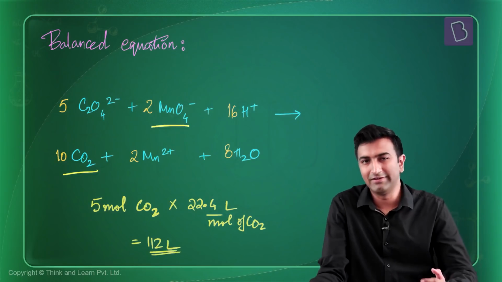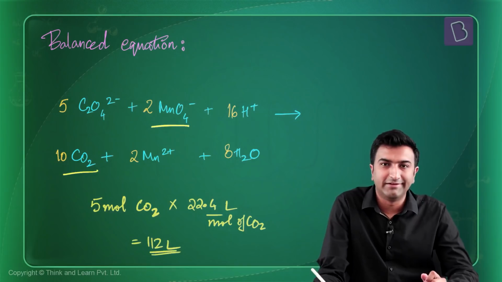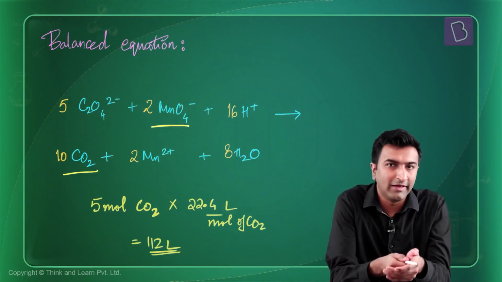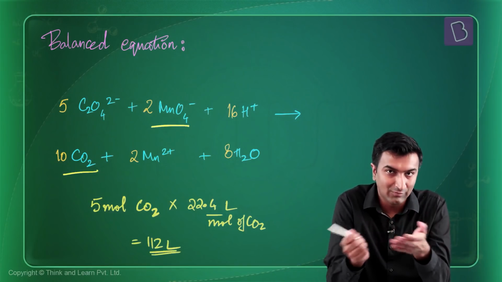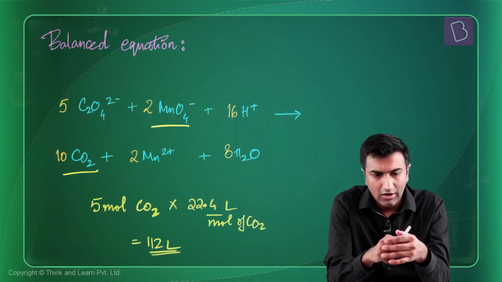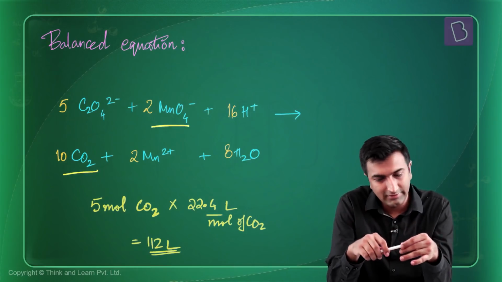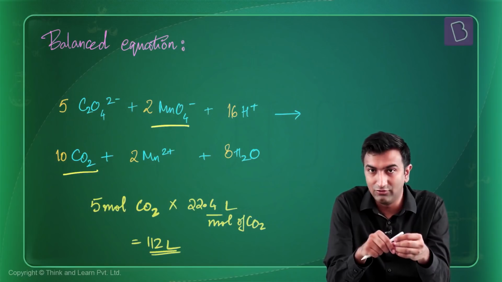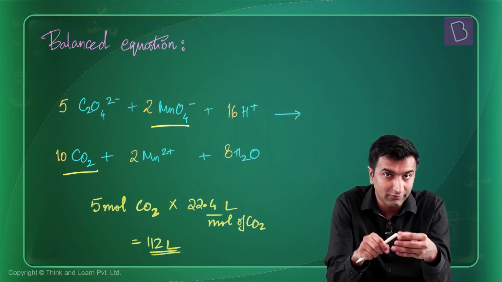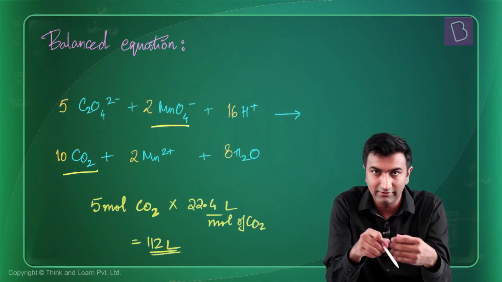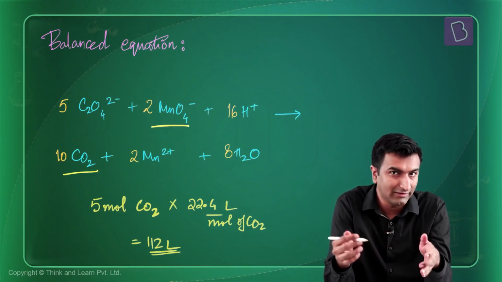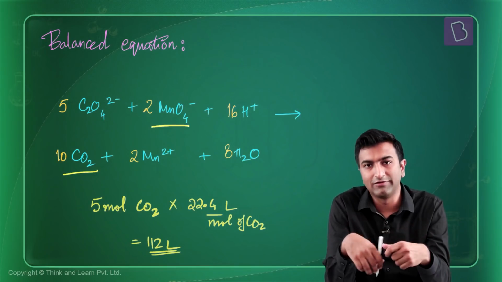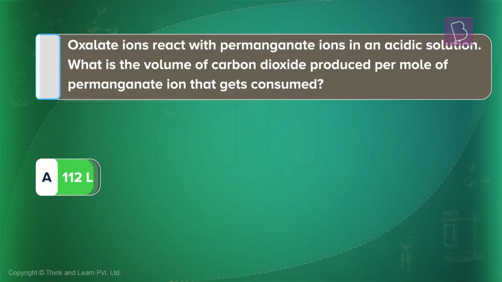So a direct question, just a couple of steps, and also what happens to the permanganate ion in the acidic medium. It goes from +7 to +2. Oxalate is a little tricky if you haven't seen it before. If you haven't practiced this sort of question in redox reactions, this may seem difficult, but otherwise it's a fairly direct question. You just need to add a little bit of gaseous state ideas. Answer is 112 liters.